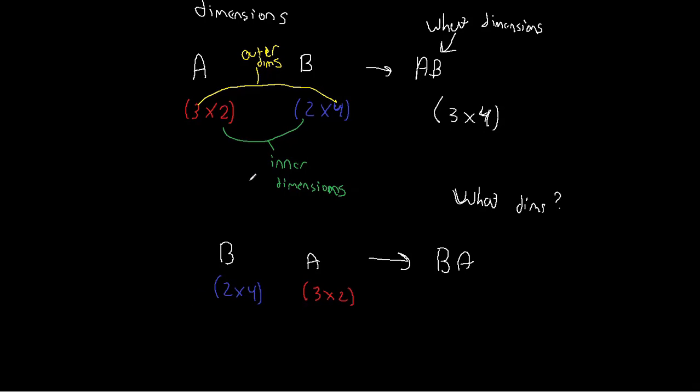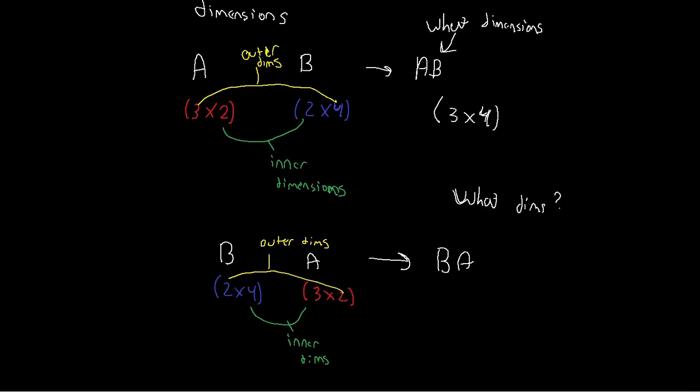So let's look at what would happen with B times A. The inner dimensions here now are 4 and 3, and the outer dimensions are 2 and 2. So what are the dimensions of BA?